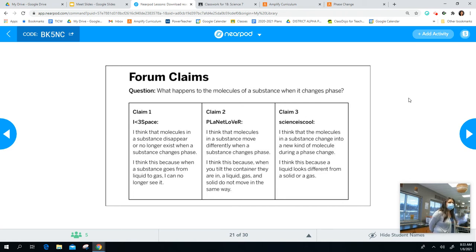And their claim is, I think that the molecules in a substance change into a new kind of molecule during a phase change. I think this because a liquid looks different from a solid or a gas. So the molecules possibly change the way that they look since their appearance looks different on the macro scale.